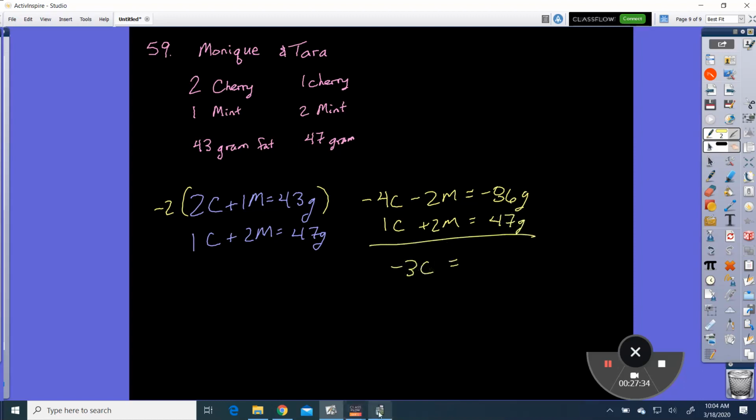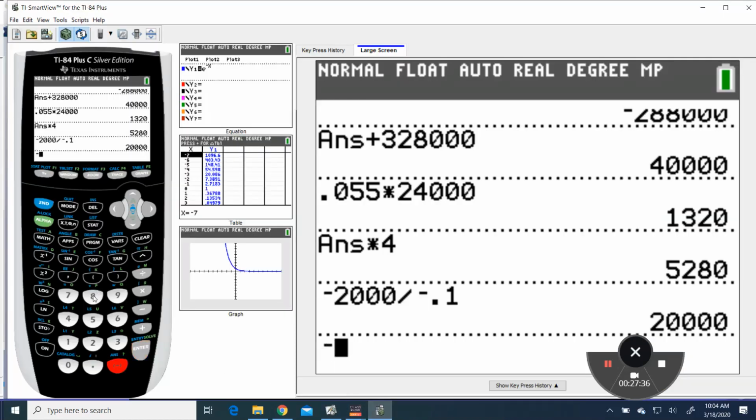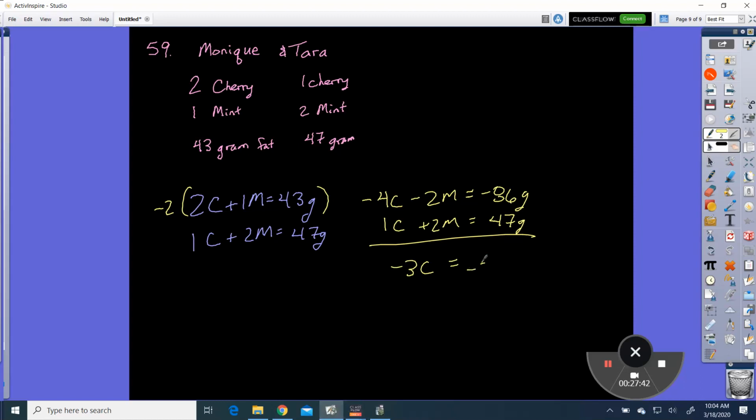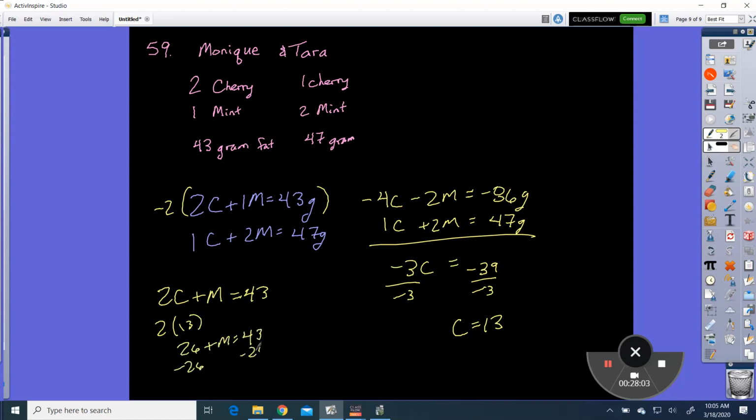And negative 86 plus 47 is negative 39. So I divide this by negative 3. So C equals 13. So I know that 2C plus 1M equals 43. So 2 times 13 is 26 plus M equals 43 minus the 26.